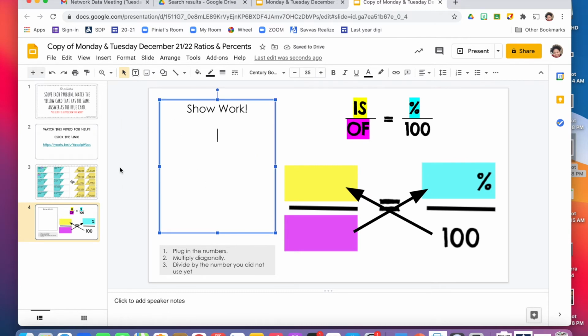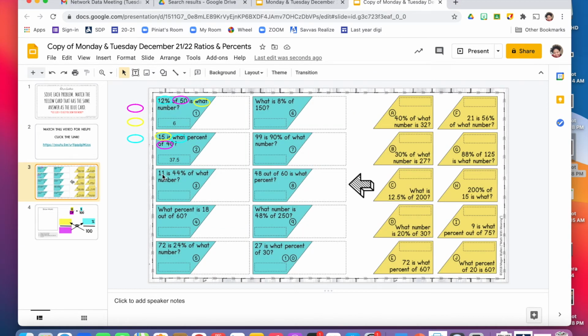Okay. So, which one is my is? 11 is 44% of what number? So my is yellow, and that would be 11 is.